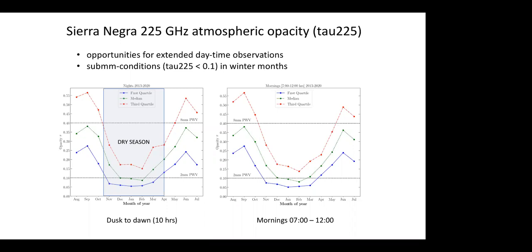That's quite respectable even by ALMA standards. So during this winter dry season, it's actually an excellent sub-millimeter site. Even in the daytime, it is actually quite good, so we are thinking about expanding our operation hours into the daytime. Even in the wet season, it's an excellent 3 millimeter site simply because we're so high in elevation.